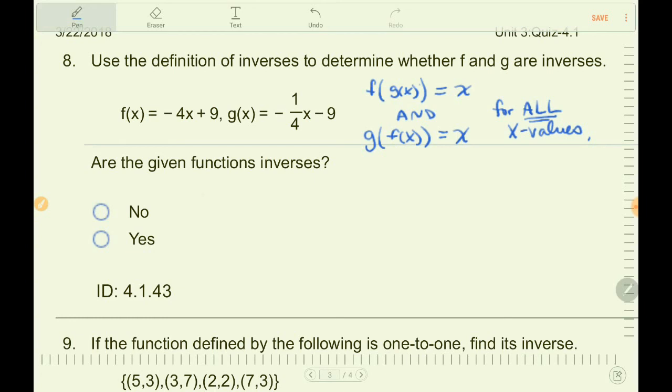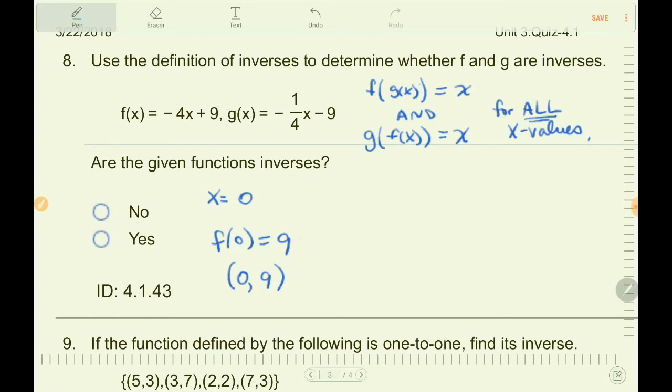So for instance, if I said, well, let's plug in 0, let's let x equal 0, then f of 0 will give me, see, negative 4 times 0 is 0, plus 9, so that'll be 9. So I get this coordinate on the function f.